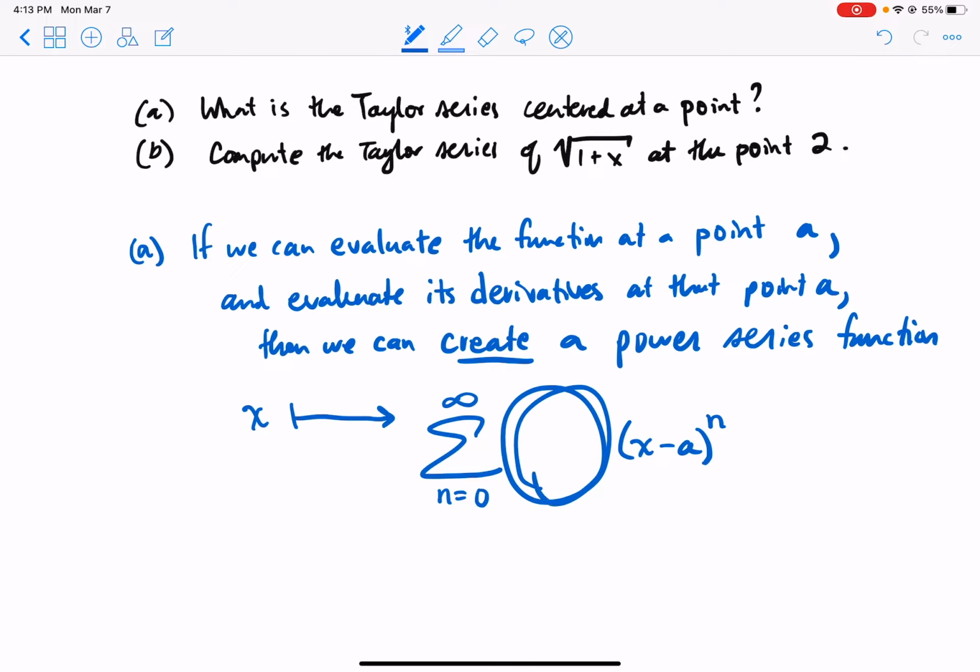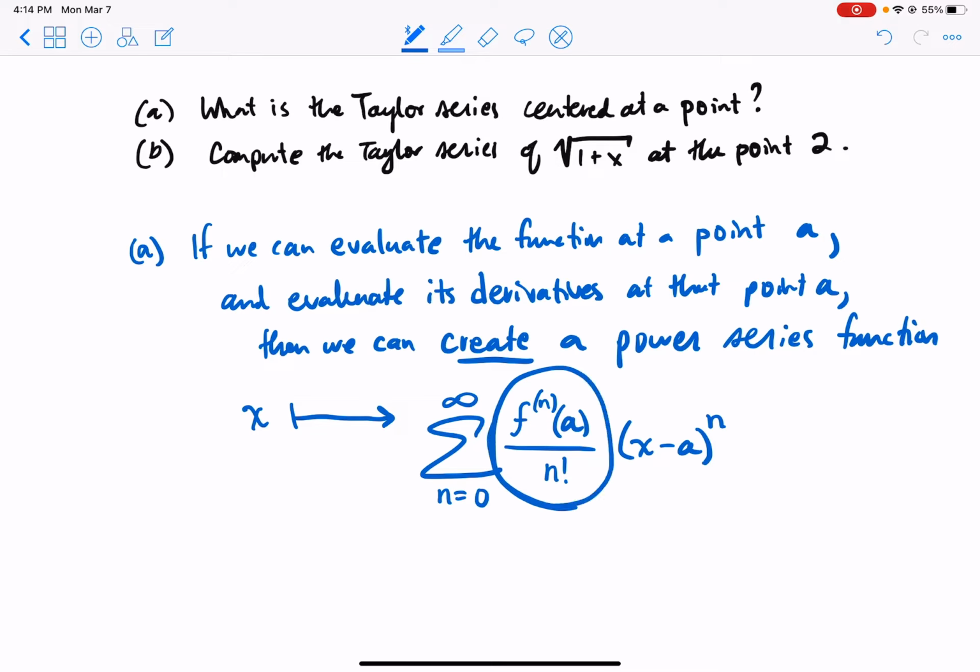But what are these coefficients? So these coefficients we're actually going to have to plug in at the point A, take the nth derivative, and evaluate it at A. So there might be an x there in the nth derivative at first, but we'd plug in at A and get a number, and then divide by n factorial.